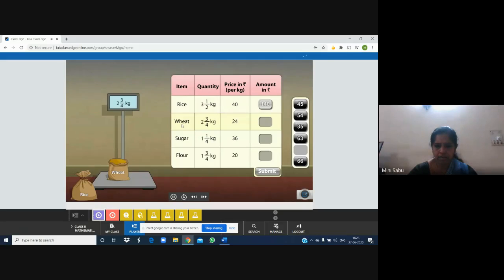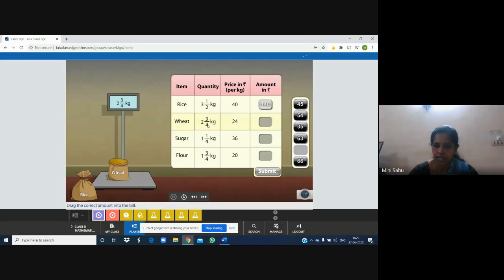How much does 2 3/4 kilograms of wheat cost? Choose the correct amount and click submit. Okay. In this, she bought 2 3/4 kilogram of wheat and 1 kilogram is 24 rupees. If 1 kilogram is 24 rupees, 2 kilograms is 48 rupees.